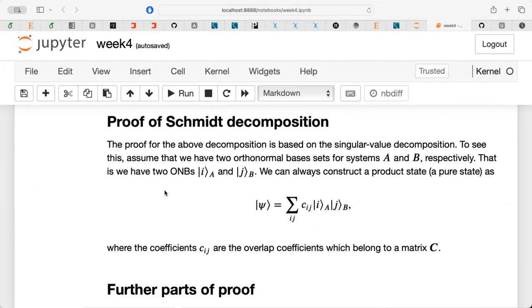So the proof for this decomposition theorem is based on a famous theorem in linear algebra. This is actually, and this is a personal statement, my favorite algorithm, the singular value decomposition. It tells you that you can always decompose a matrix, which does not need to be a square matrix.